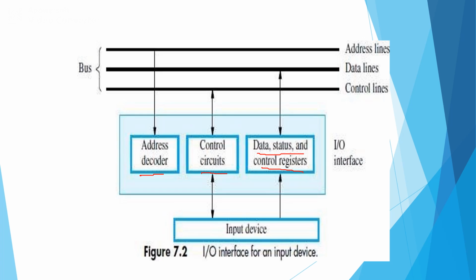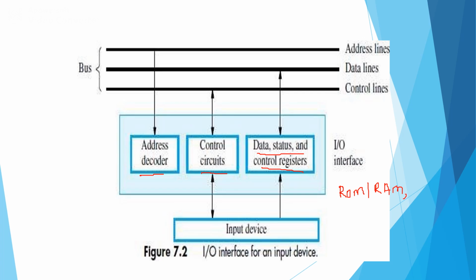In addition, depending on the application, the functionality can be increased by considering a small ROM or RAM along with a timer as well as interrupt logic circuits. The diagram shows a simple IO interface to connect an IO device to the bus, that is, the IO interface for an input device.